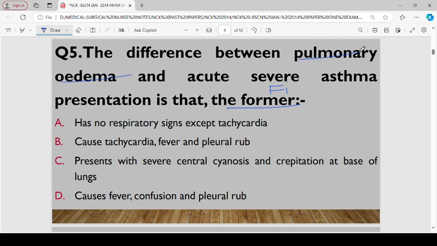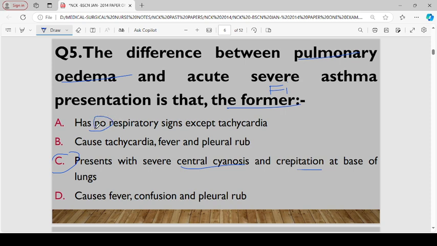Pulmonary edema. Pulmonary edema tends to present with severe central cyanosis and crepitations of the lungs. Number 1 says no respiratory signs. So this condition normally presents with respiratory signs.